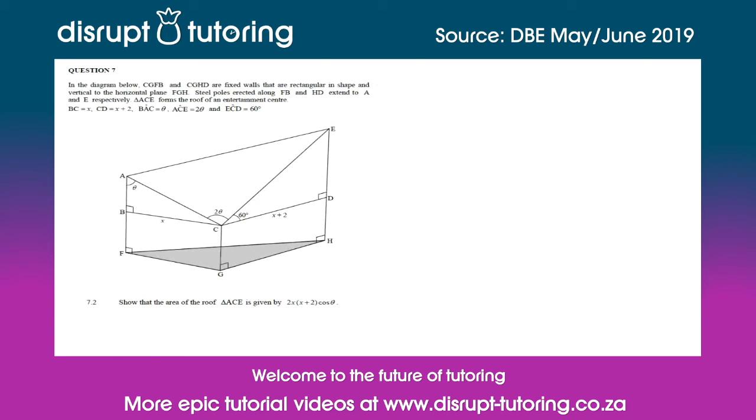Okay, and then on to 7.2. Show that the area of a roof, which is the triangle ACE, is given by 2x times x plus 2 times cos theta. So the triangle that we're looking for, the area would be this triangle over here, ACE.